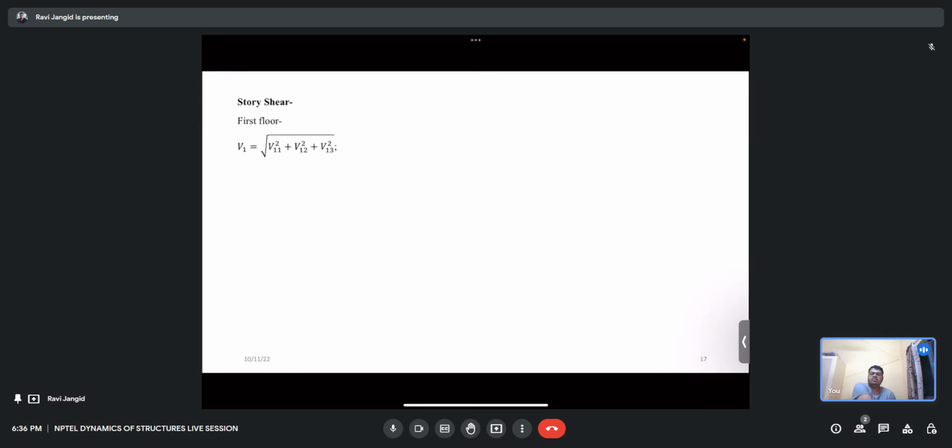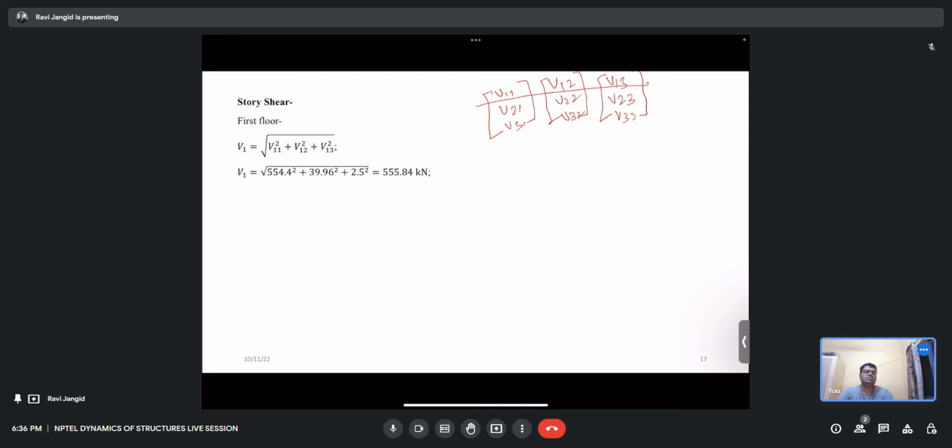For the first floor, that is V1, the square root of V11 square plus V12 square plus V13 square. So you can calculate V11, V12, V13 by putting in the story shears here. We have V11, V21, V31, and V12, V22, V32, and V13, V23, V33.